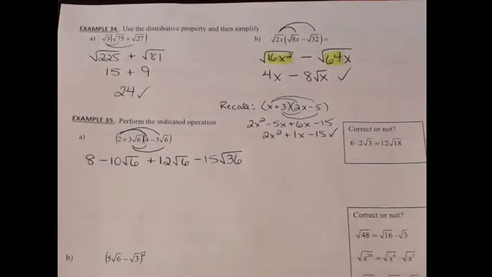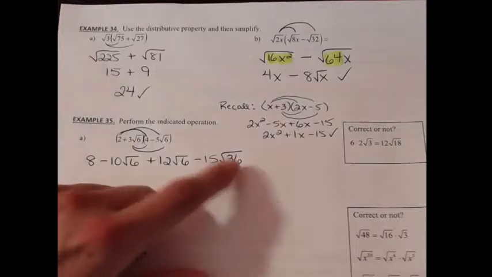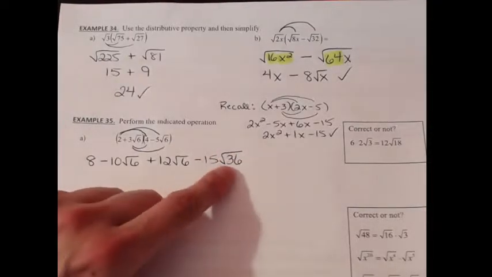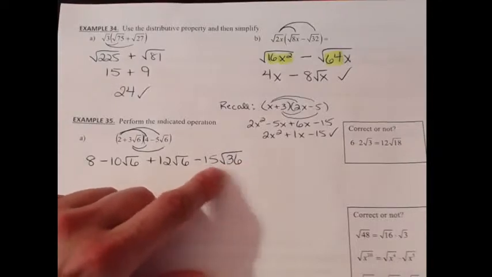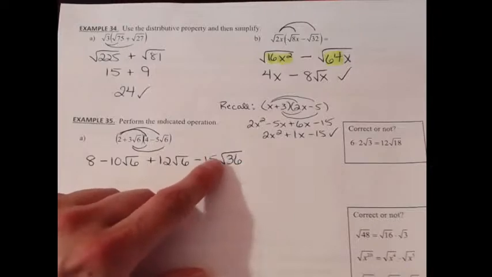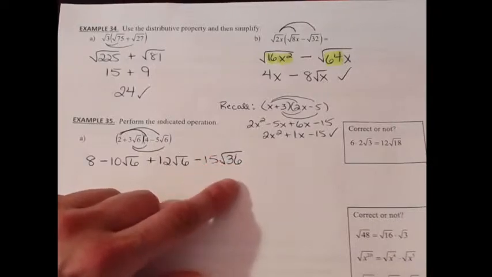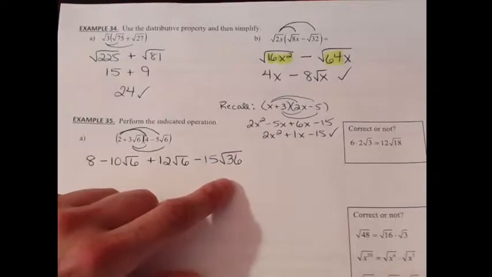If you all were doing this and you said square root of 6 times square root of 6 is 6, I'm cool with you just replacing this with a 6 as long as you keep in mind you're multiplying that by 5. That's how they're connected. They're connected by multiplication. Don't create an imaginary plus sign or minus sign. Don't put one in there that isn't already in existence.